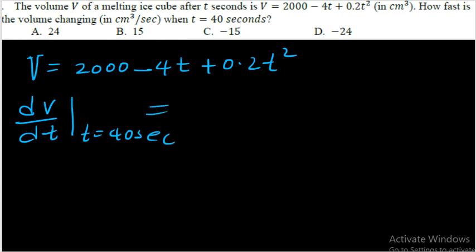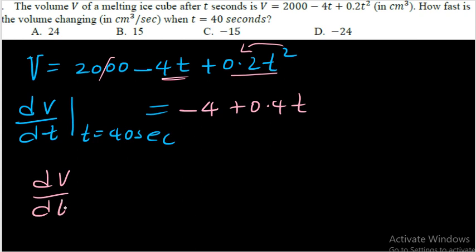When we differentiate this volume, the constant's derivative is 0, so I can ignore it. Negative 40t's derivative will be negative 40, and this one, when I differentiate, the 2 will come and multiply the coefficient number, it will be plus 0.4t. Now since dV by dt is asked at the time 40 seconds, I'm going to substitute 40 in place of time.